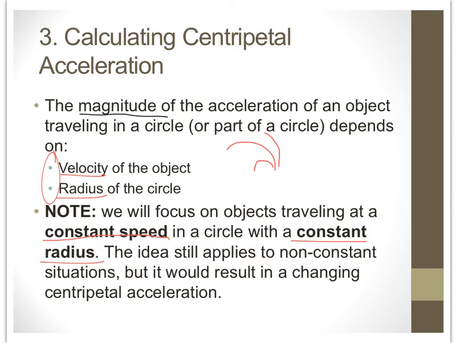We will look a little bit at changing speeds while going in a circle, either speeding up or slowing down while also changing directions, later in the year, but not right now. We're going to focus on constant speed and constant radius.